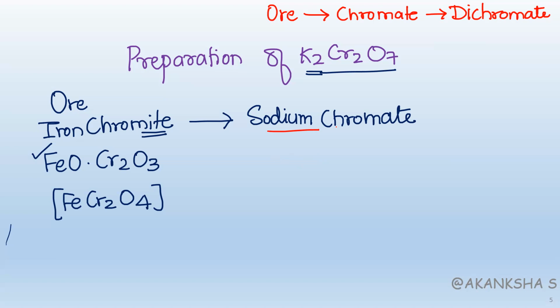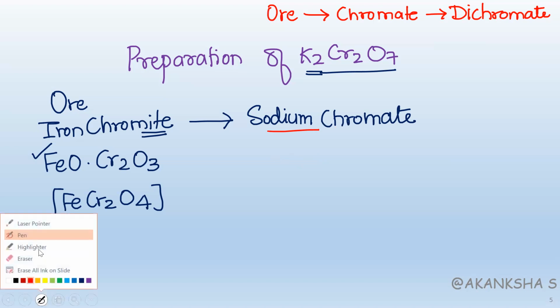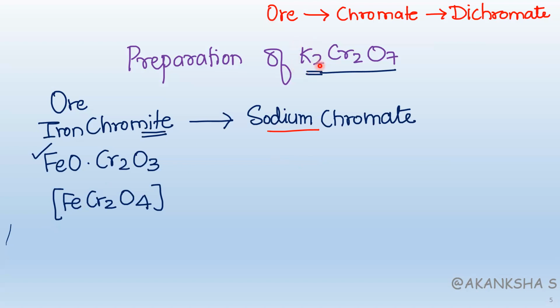But no, that is not how this functions, due to one important reason. Potassium happens to be extremely reactive. Sodium is a little bit less reactive compared to potassium. So potassium, as soon as it comes in contact with chromate ions, is going to crystallize out of the solution.